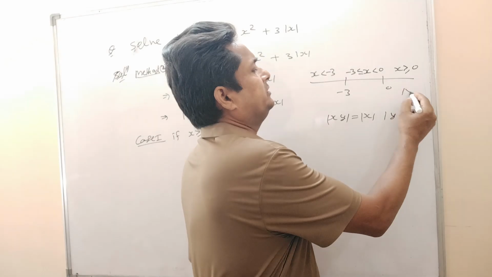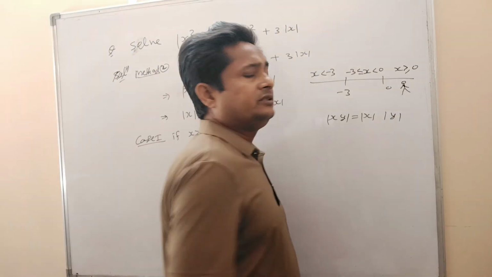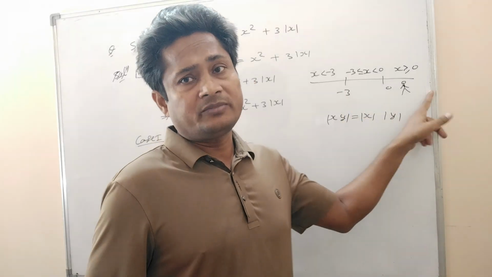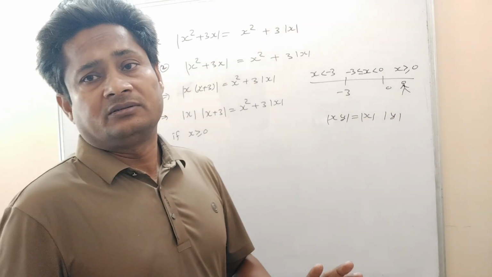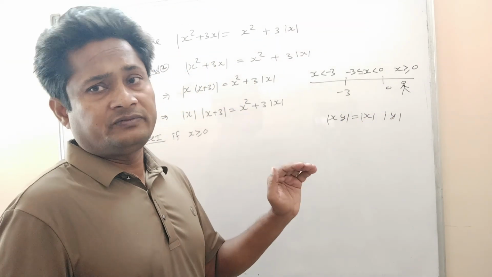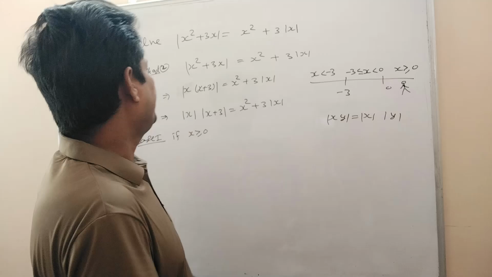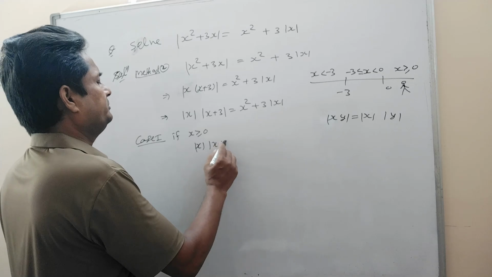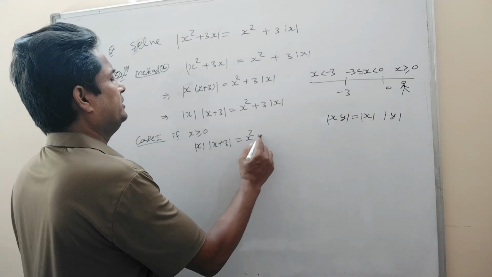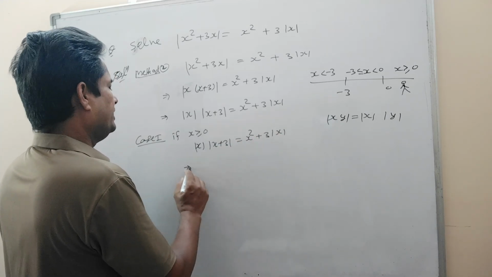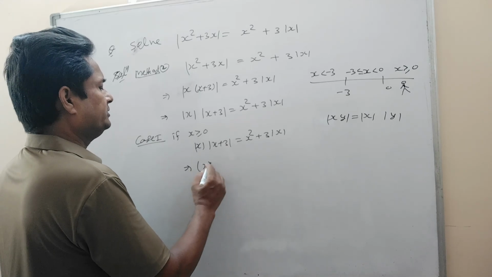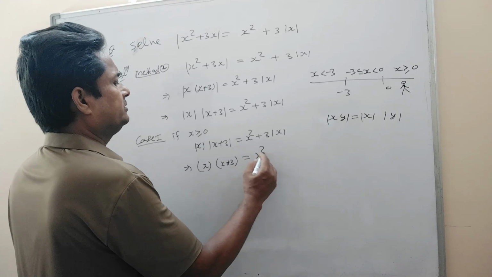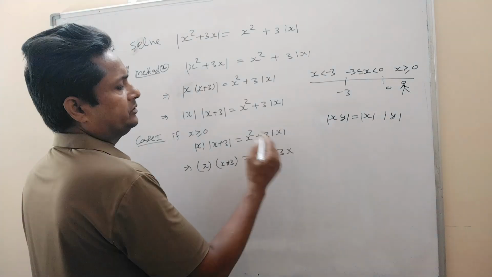If we are in this region, then we are right of the root 0 and right of the root minus 3 also. So all the modulus will be written with plus signs. That means this will be mod of x plus 3 times mod of x, can be written with plus sign, this will also be written with plus sign, is equal to x square plus 3 times of x.